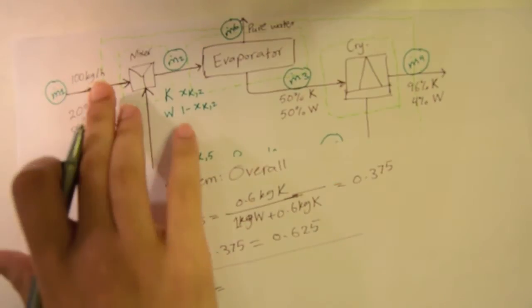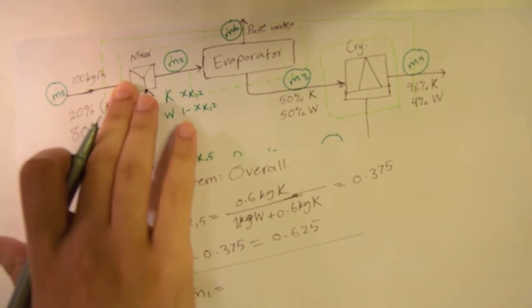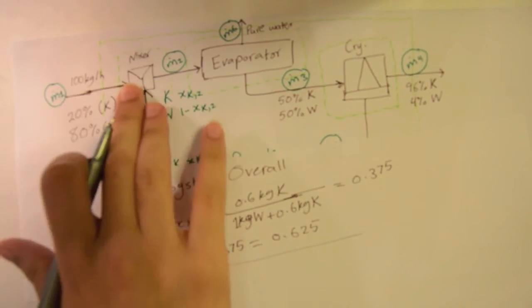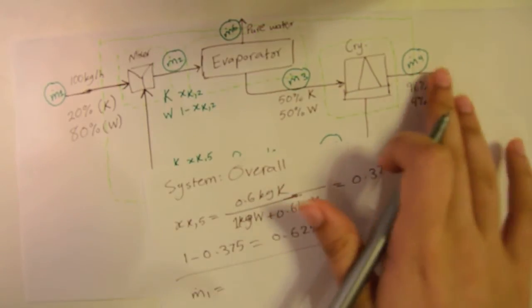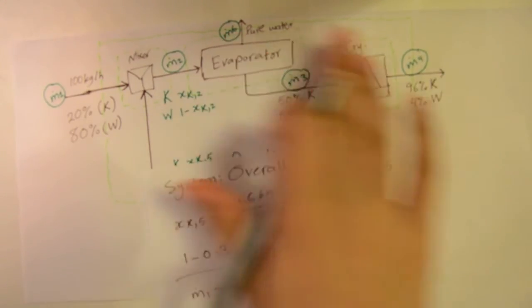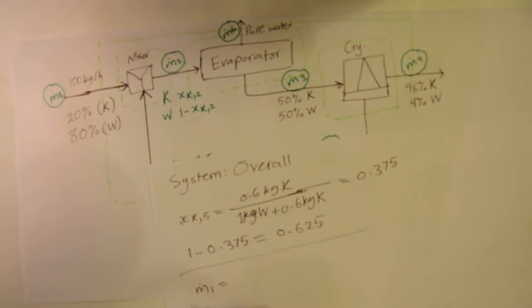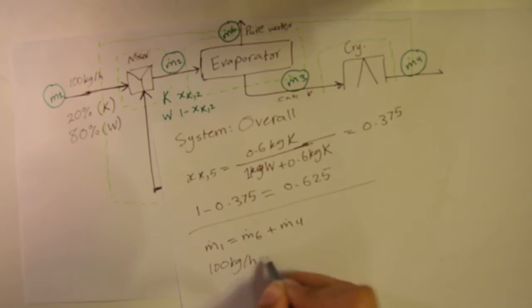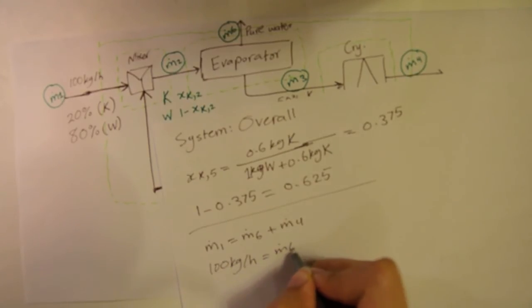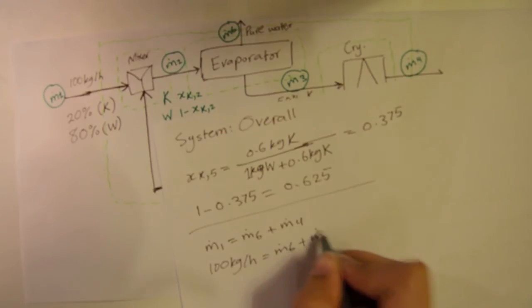So M1 is entering the overall process, the overall system, and the streams that are going out are M6 and M4. So M1 is equal to M6 plus M4. Of course, we know M1 equals 100 kilogram per hour, and we have to find M6 and M4.